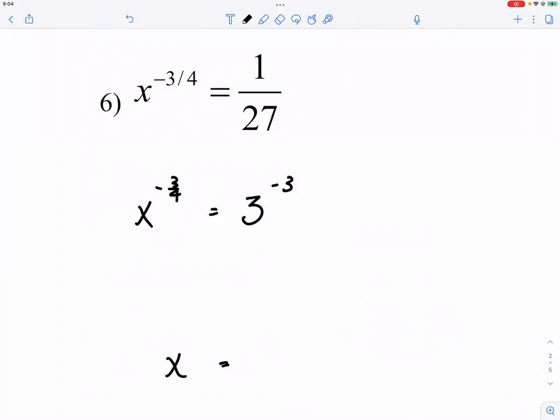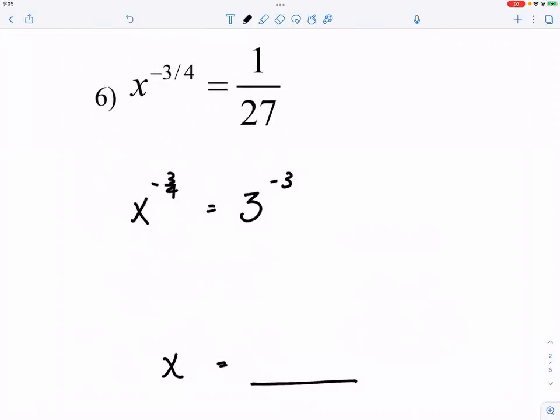If I ask you, what's the exponent here for the x? What's the exponent here? At the very end, what's the exponent here? This one right here. When we say x is equal to something, at the end, this will be x to the first power, right?